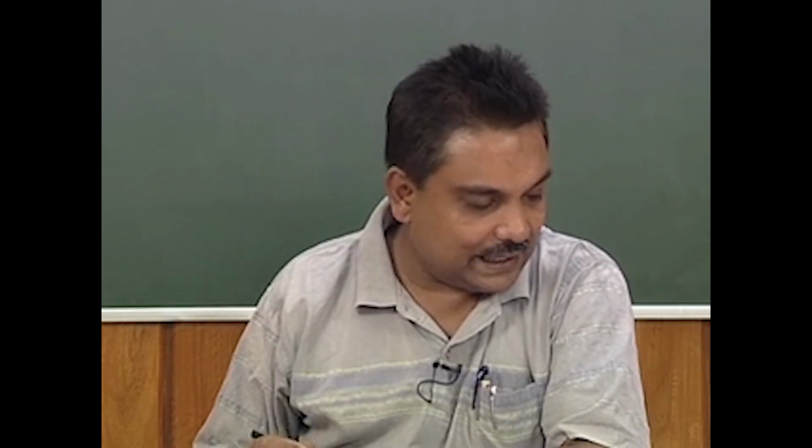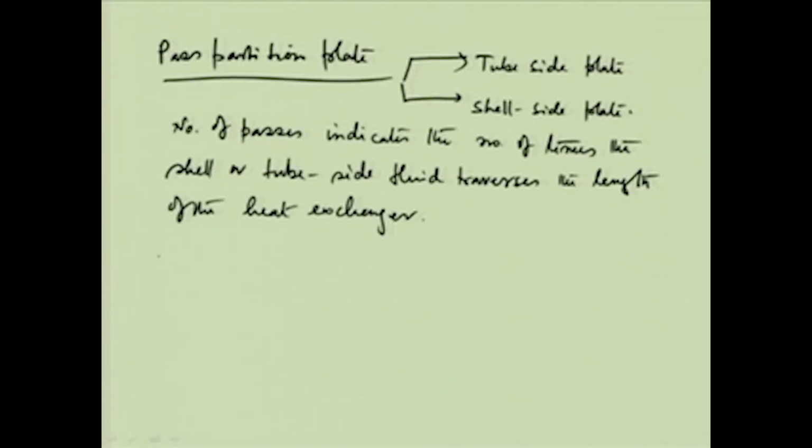Now, there are different types of shell and tube heat exchangers possible depending on the number of passes. We call it a 1:2 shell and tube heat exchanger; the common types are 1:4, then 2:4, and then 2:6. These are very common types of heat exchangers, called multi-pass heat exchangers.